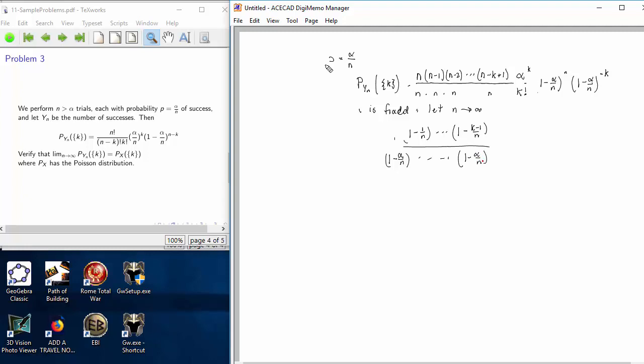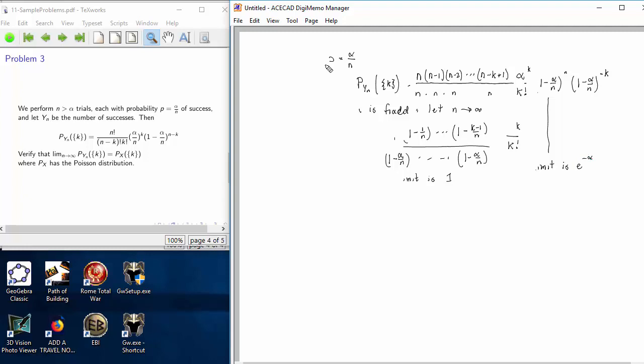K is fixed, alpha is fixed, so for this, the limit as n approaches infinity is 1. I've got alpha to the k over k factorial. That doesn't involve n at all. And what's left? This one, the limit is, as I trust you know, I think we did this in the first class, e to the minus alpha.